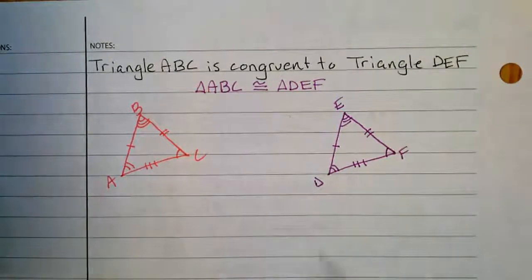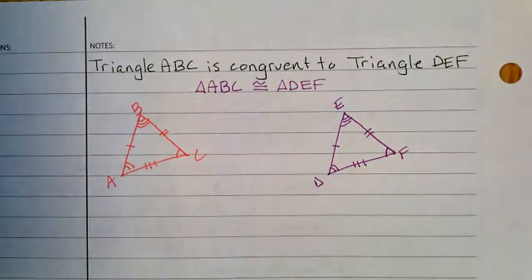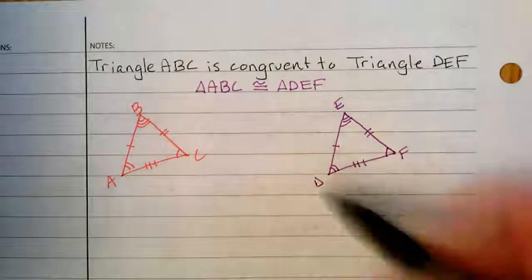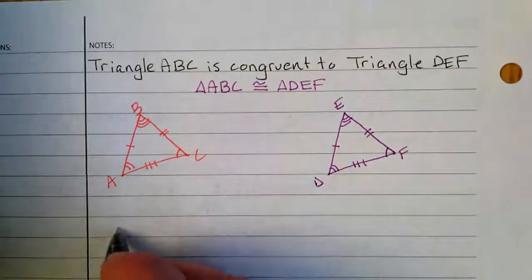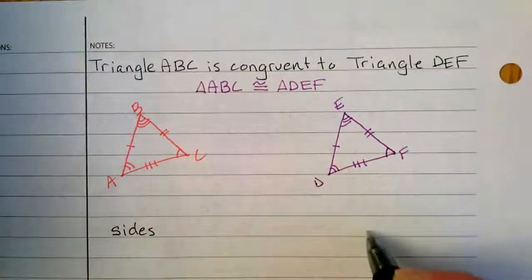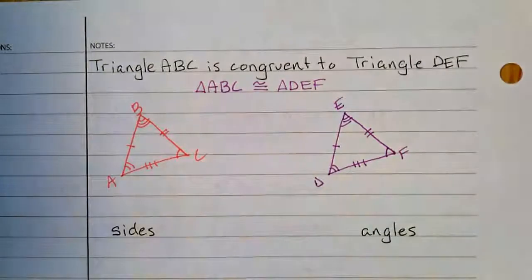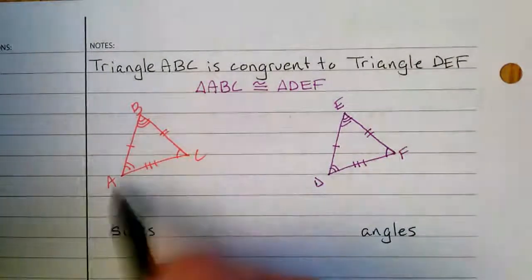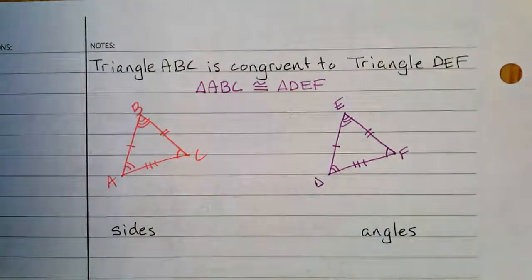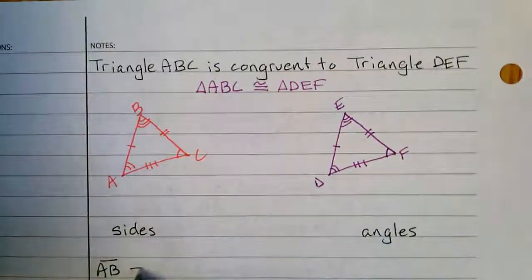Okay. So, what this means is, as I've marked it, side AB is congruent to side DE. So I would say that side AB is congruent to side DE.